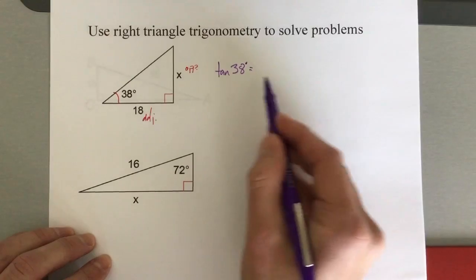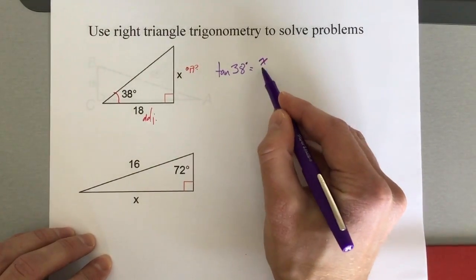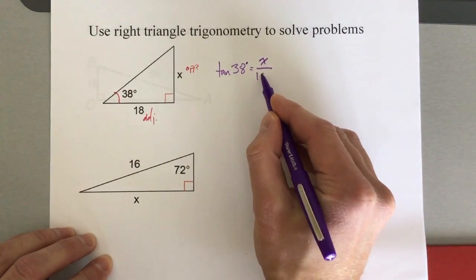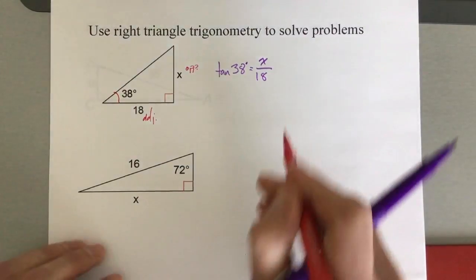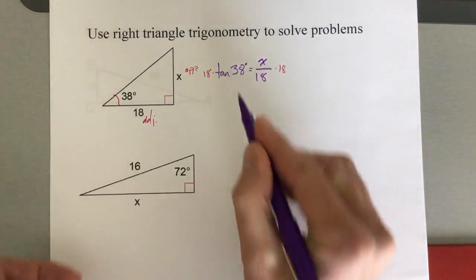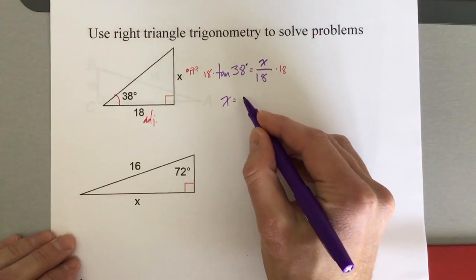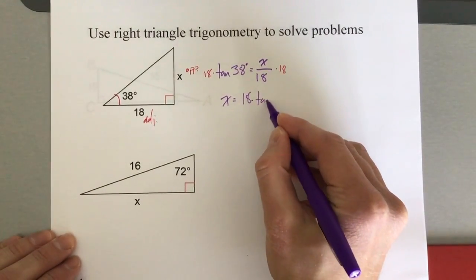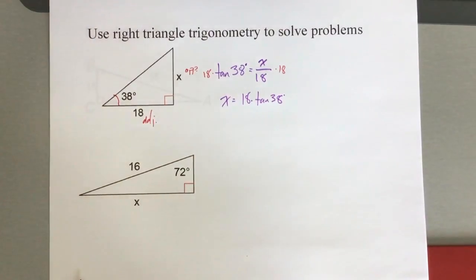In this triangle, the tangent of our 38-degree angle is opposite leg x over adjacent leg 18. We will solve for x by multiplying both sides by 18. And x can be found by taking 18 times the tangent of 38 degrees. We'll come up with some more information about calculators if you don't have one.